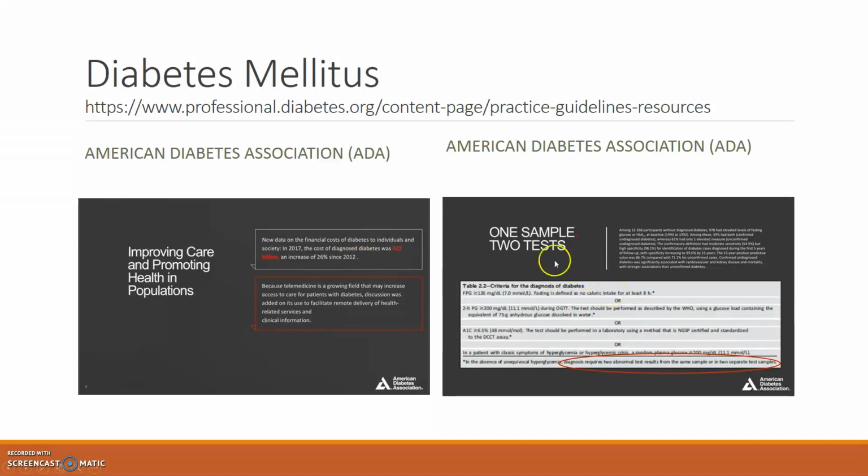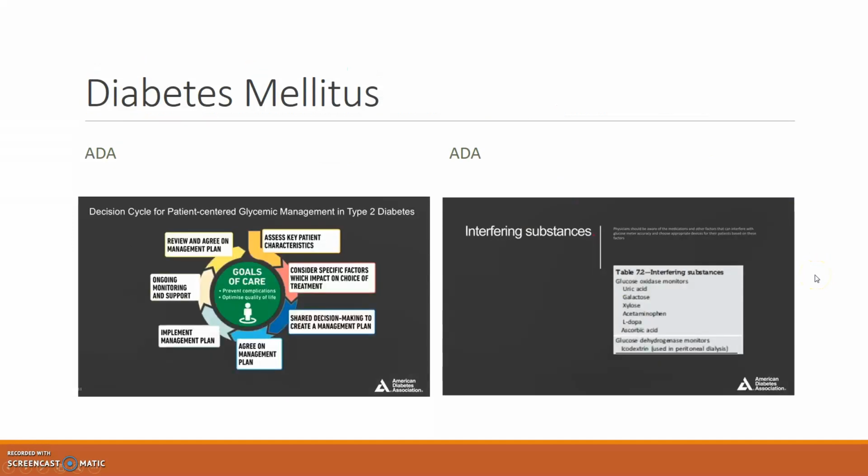I also, on that second slide, 1 sample 2 tests, it's a new parameter that says I can have 1 sample, do 2 tests, and I can diagnose diabetes. I can get a fasting glucose and a hemoglobin A1C out of the same sample. That's new. This is a nice algorithm on the decision cycle for patient-centered glycemic management in type 2.